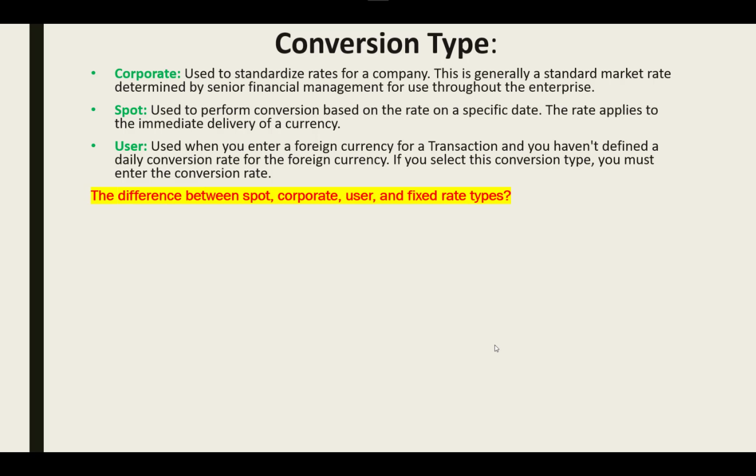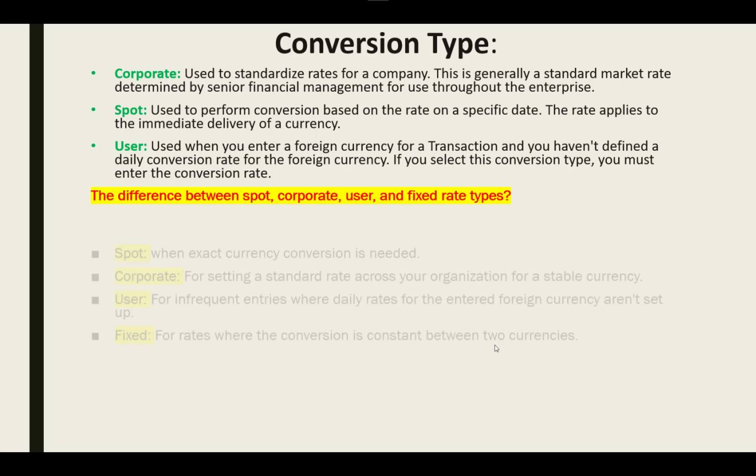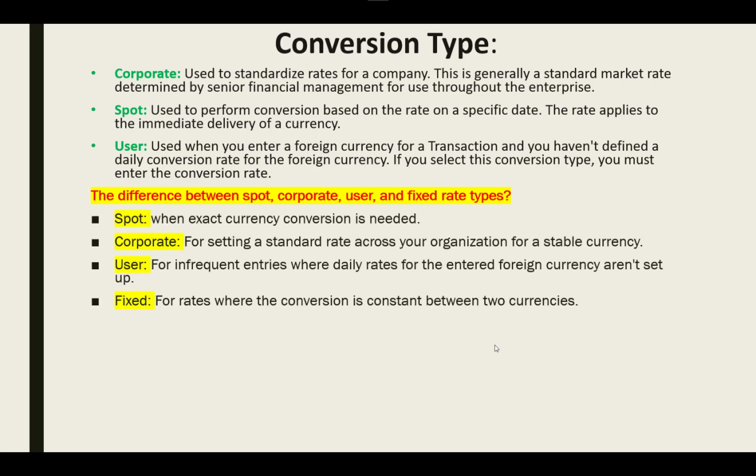There are main questions: what is the difference between spot, corporate, user, and fixed rate? These are the differences. Spot is used when an exact currency conversion is needed. Corporate is for setting a standard rate across your organization for a stable currency.